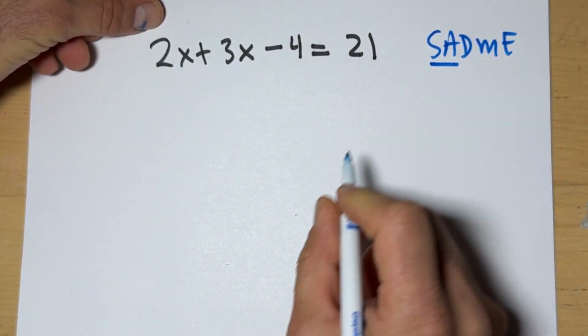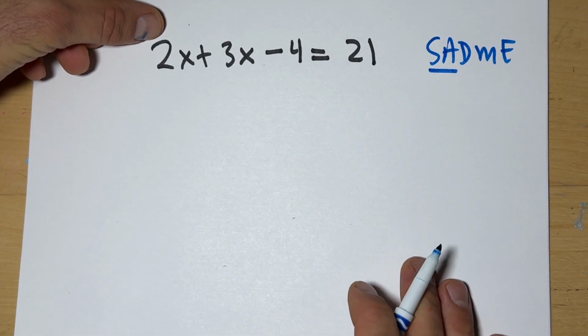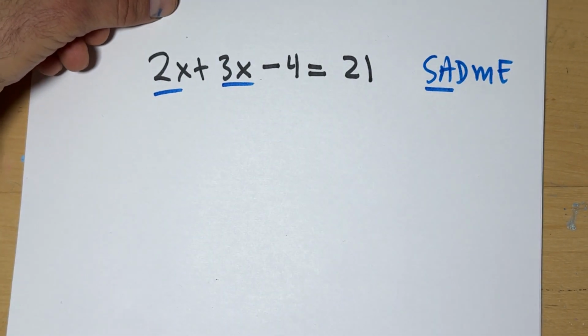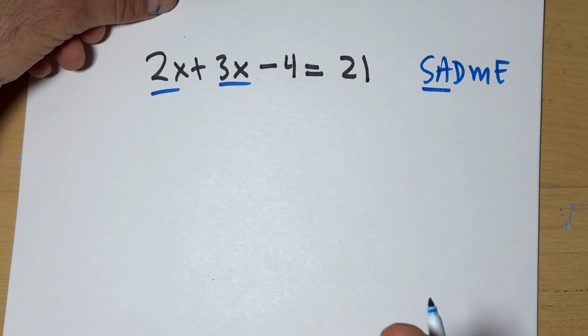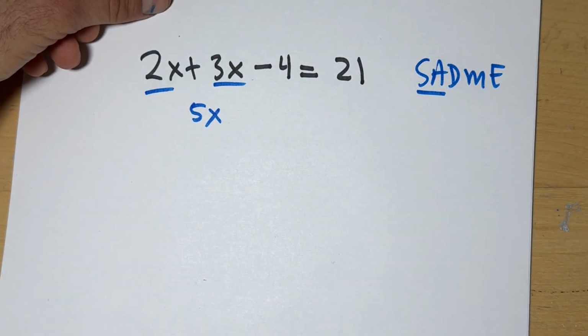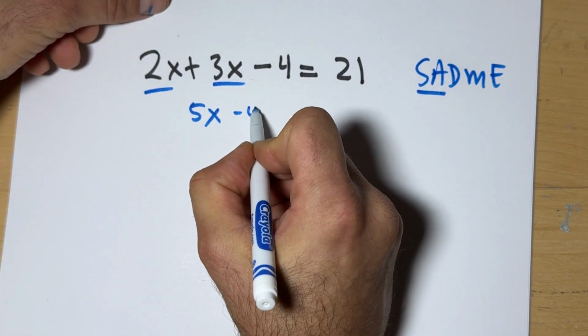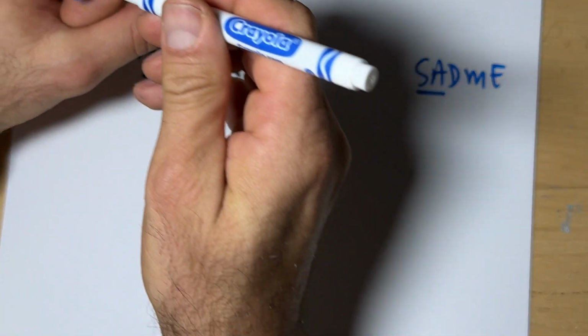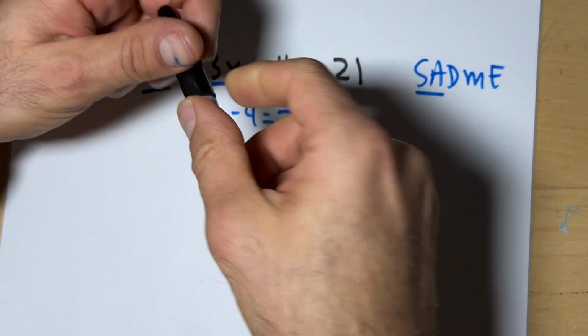So let's look at the adding and subtracting and see, are there any terms we can add together or collect like terms? 2x plus 3x are alike. They're both x values. 2 times x and 3 times x means we have 5 times x. Minus 4 equals 21. Now let's look, is there any more adding and subtracting? Oh, there's a minus 4.